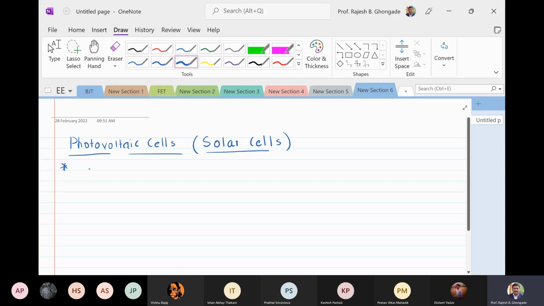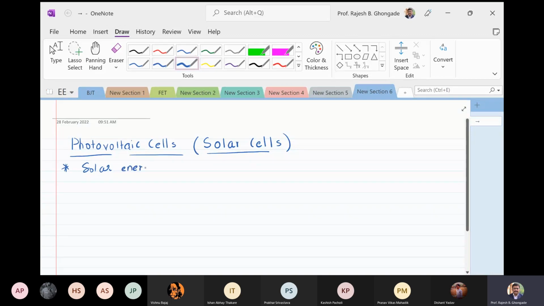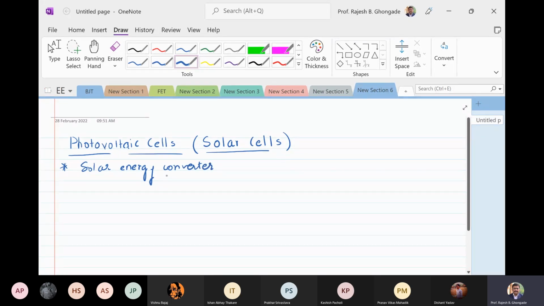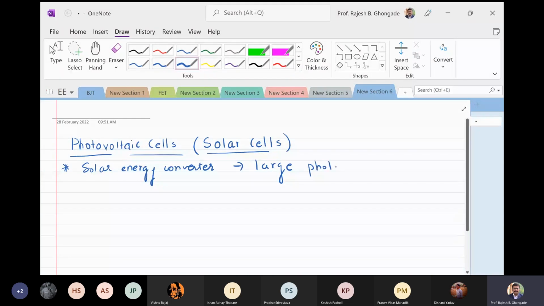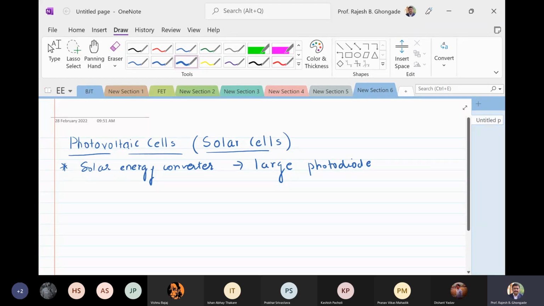The solar cell, or solar energy converter, is essentially a large photodiode. It is large in size and in specifications also. A large photodiode which is designed to operate as a photovoltaic device and to deliver as much power output as possible.